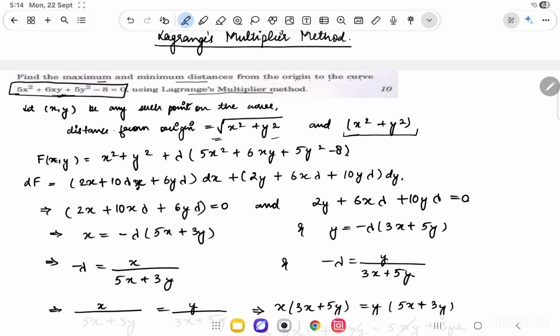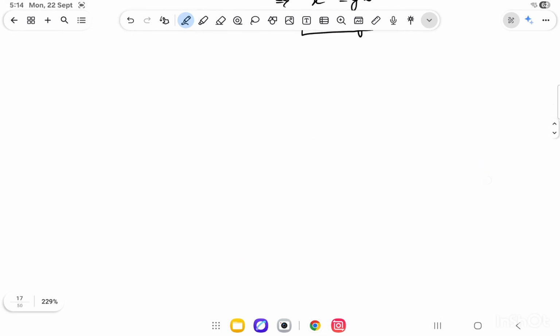So we'll use this relation to find the values of x and y. So it is 5x square plus 6xy plus 5y square minus 8 equals 0.